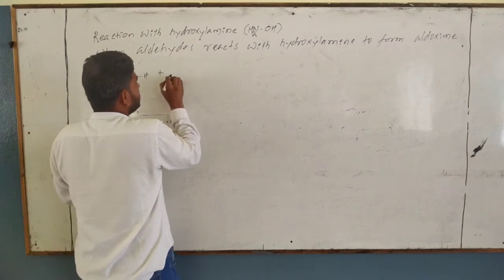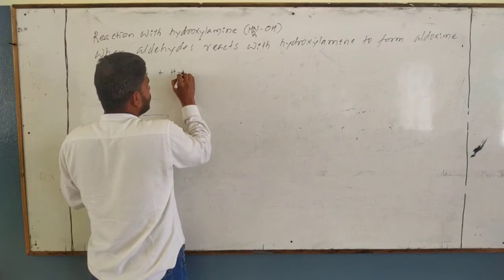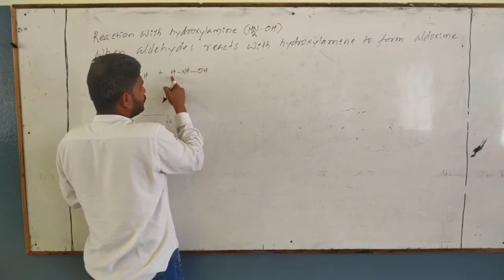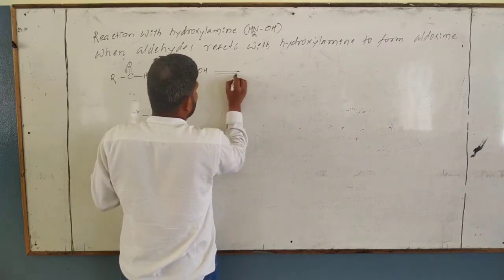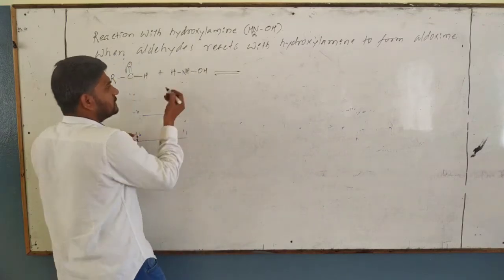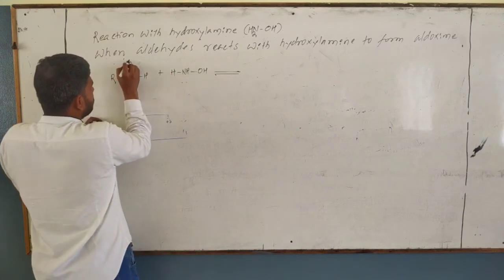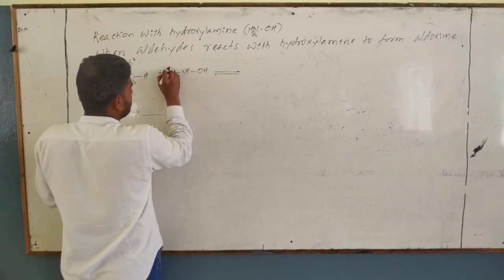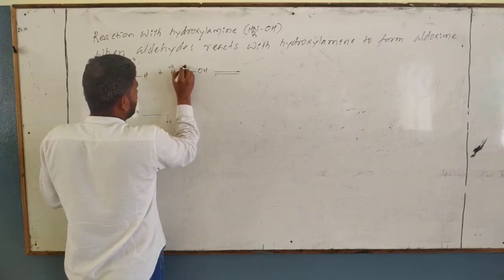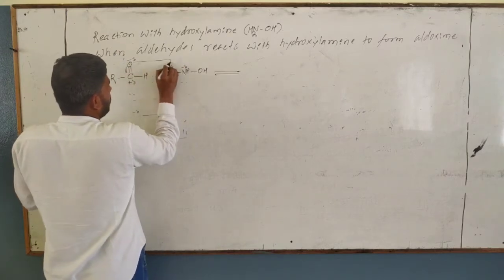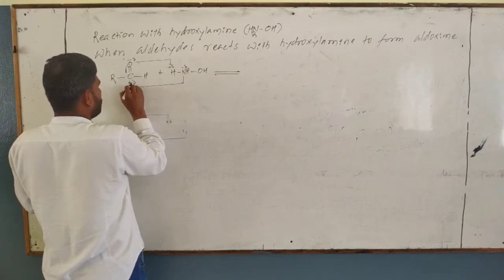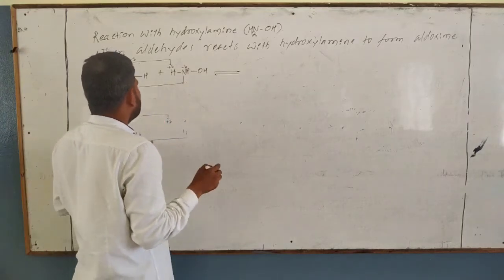When it reacts with hydroxylamine, I wrote NH2OH like this. Okay, don't get confused. This is very simple. Oxygen carries negative charge, carbon carries positive charge. Over here, positive, negative. Positive attracts negative, negative attracts positive. Follow simple methods.